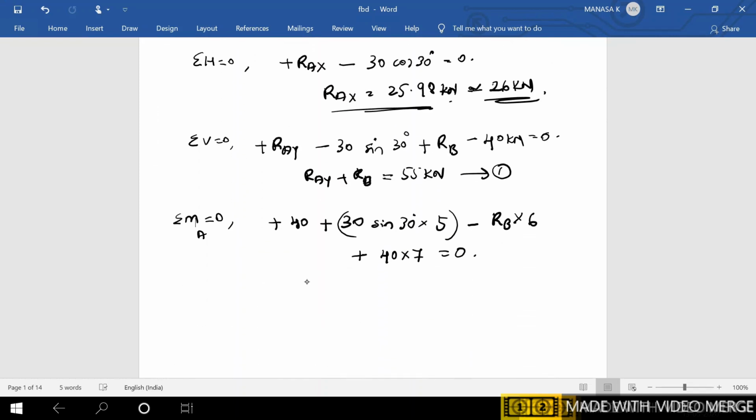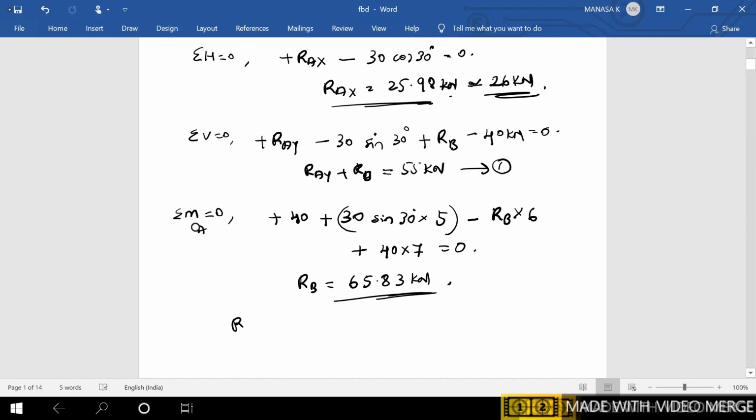Next, since there is only one unknown, you can calculate RB. RB is equal to 65.83 kilonewton. As per equation 1, RAY is equal to 55 minus 65.83 kilonewton, which will be equal to minus 10.83 kilonewton.